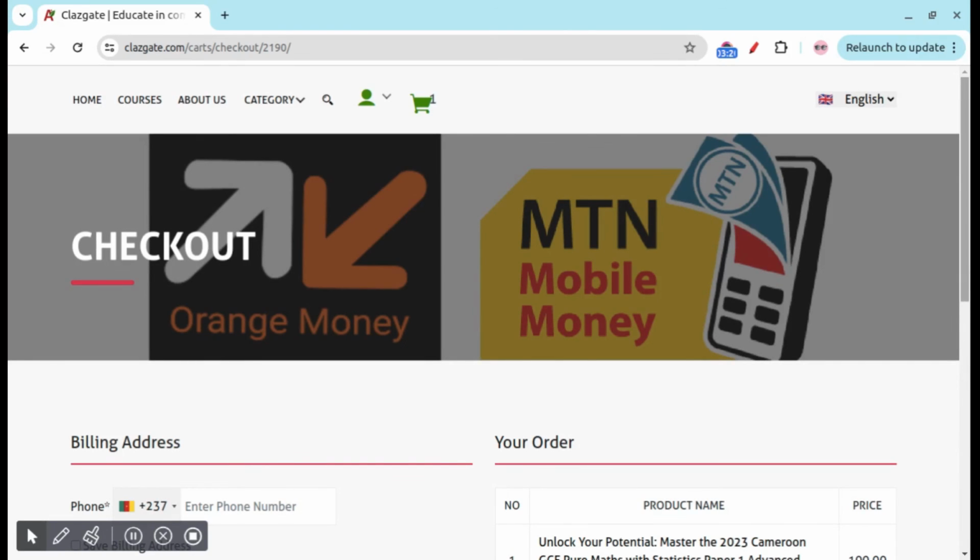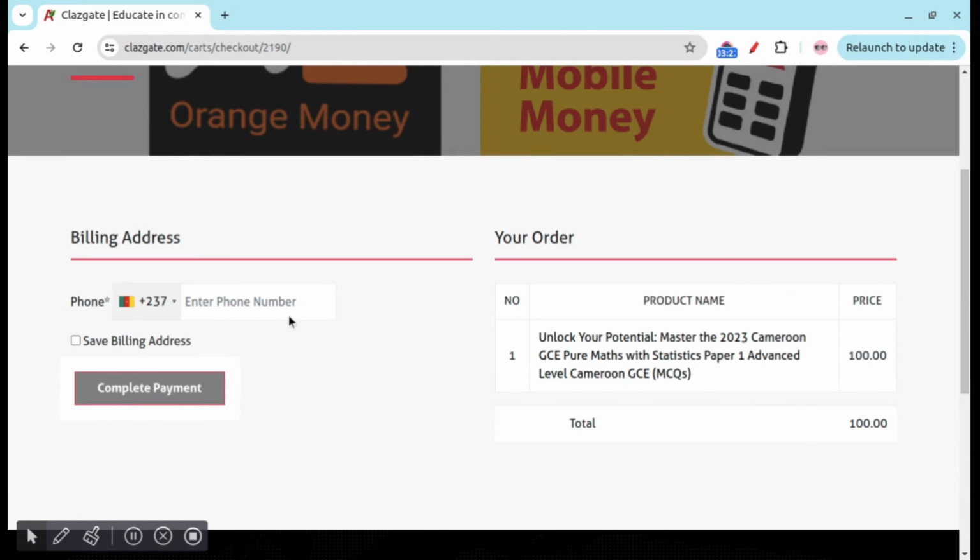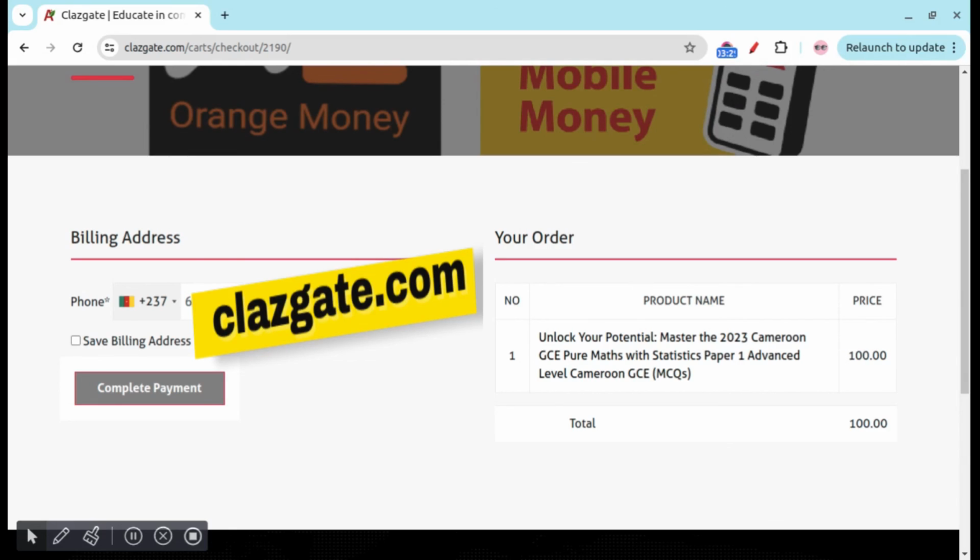On the checkout page, you just have to write your mobile money number. It takes Orange and MTN for Cameroonians. So you write in your mobile money number. If you have written the correct Cameroonian number, you see this button turns red.